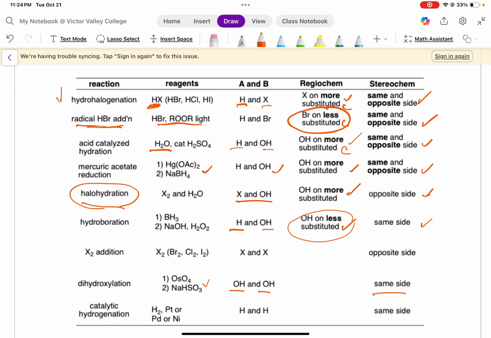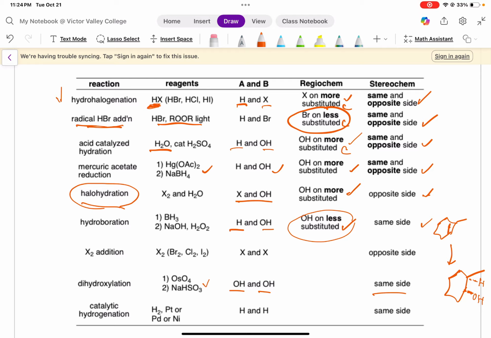All right. So if you get one like that, it will be anti-Markovnikov. So the hydrogen will go here, and the OH, this is anti-Markovnikov, so the hydrogen will go there and the OH will go there on the same side.